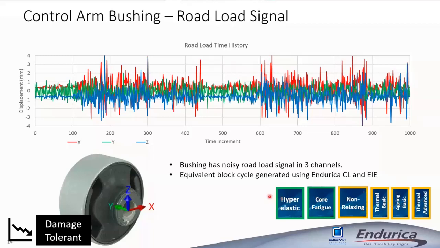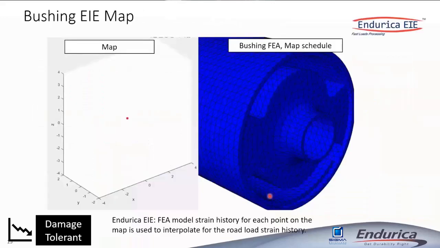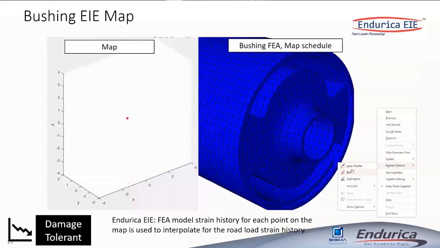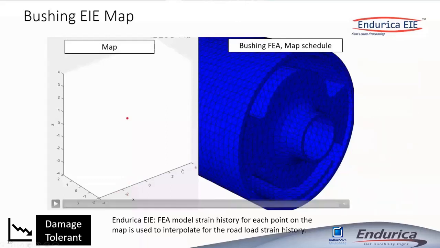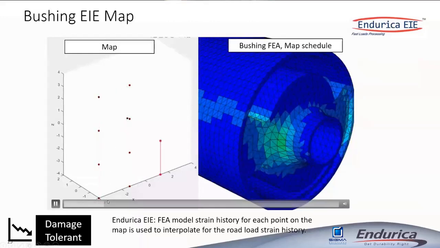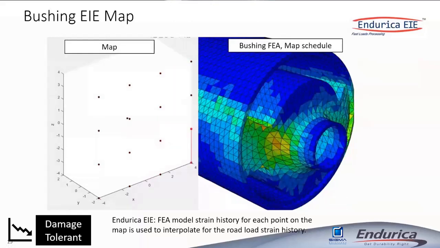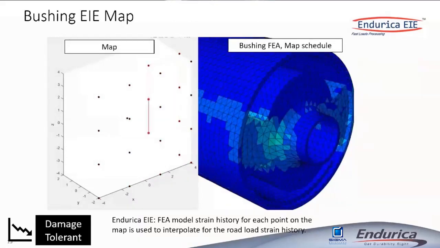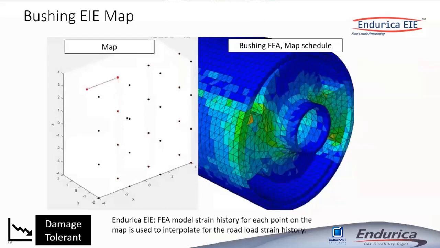In the last example, I showed an analysis with a single channel. In this case, we have 3 channels, and this animation is showing the analysis that we would do in MARC in order to generate the 3-dimensional map that represents the load space that the part is operating in.